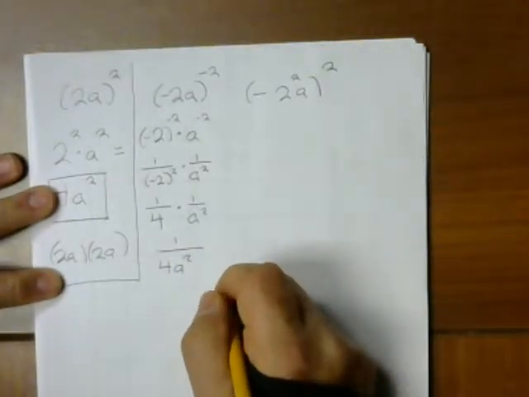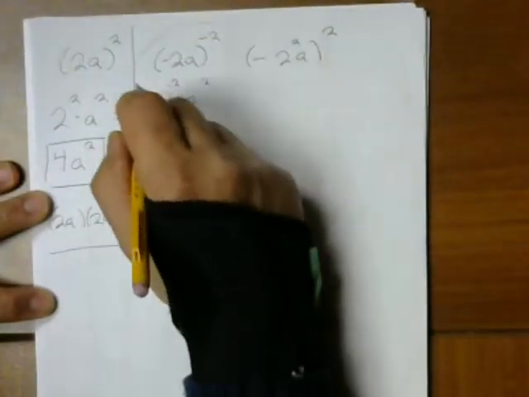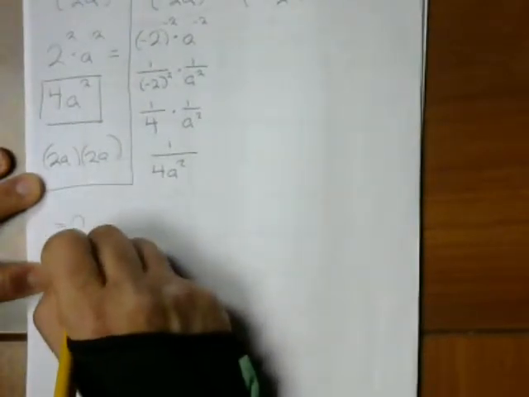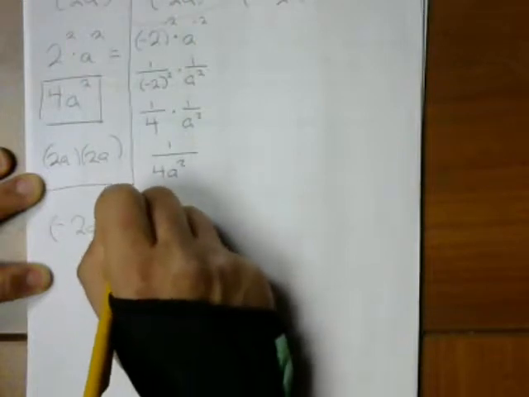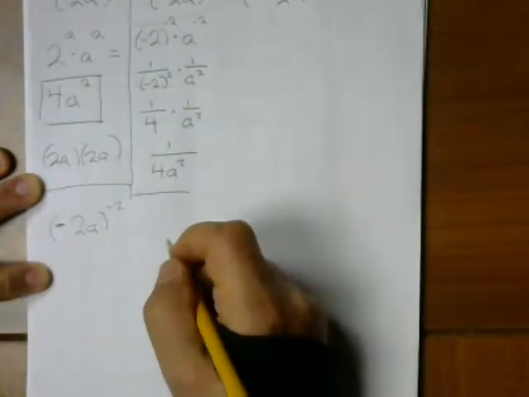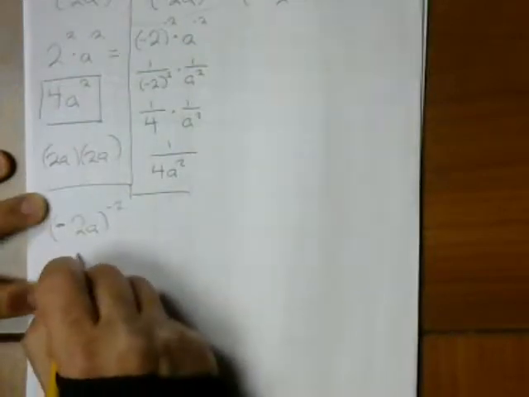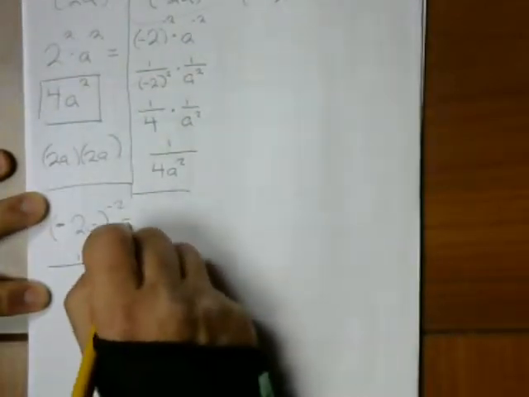Now, once again, this is not the only way to do this. What I could have done is I could have taken this, let's rewrite it over here. So this is my expression. What I'm going to do is immediately use my rule for negative exponents.